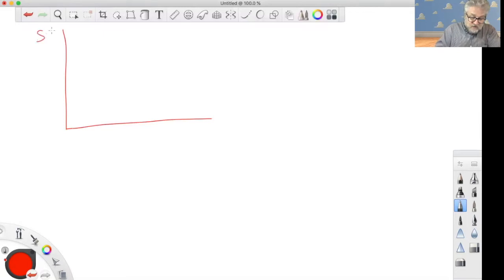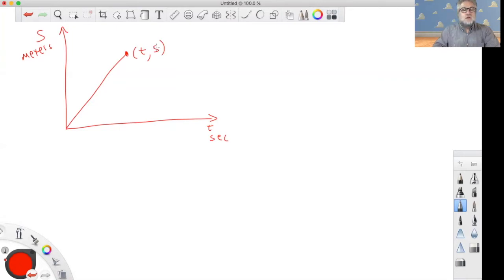Okay, so if I have displacement, and this is going to be in meters, versus time in seconds, and I have this. So we go up to some time and displacement value.